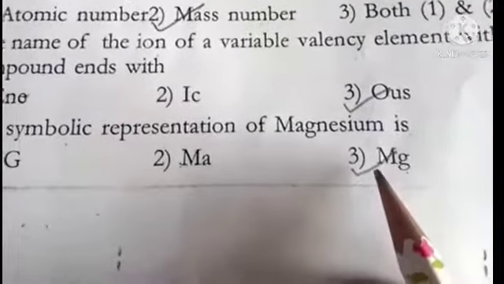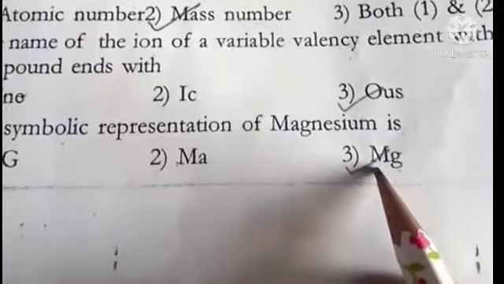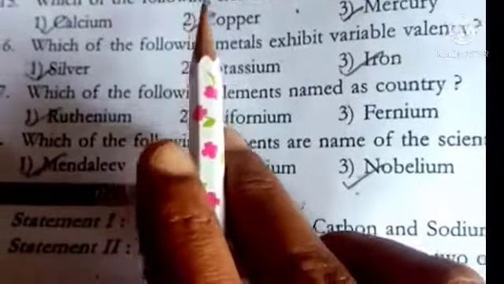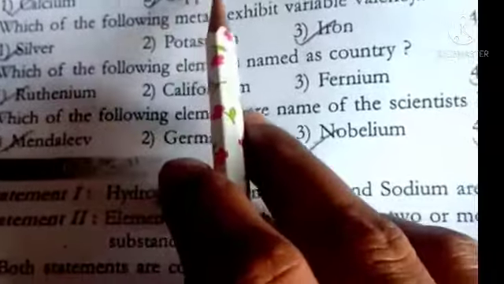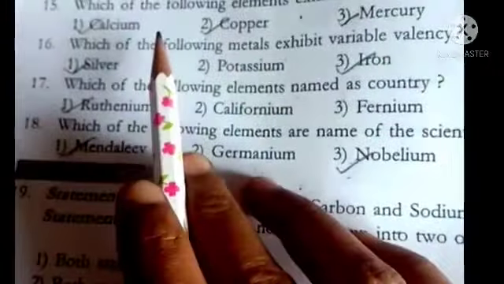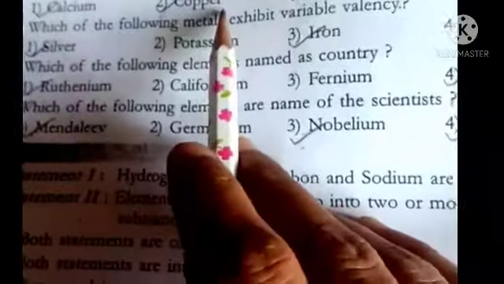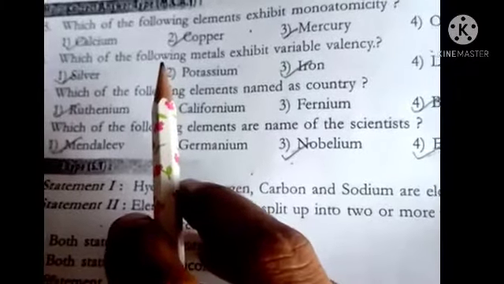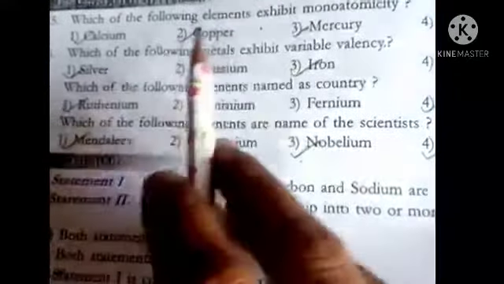Because here it is capital M, uppercase M, then lowercase g. Multi-correct answer type questions. Which of the following elements exhibit monoatomicity? Calcium, copper, mercury. Monoatomicity means one atom in the molecule.